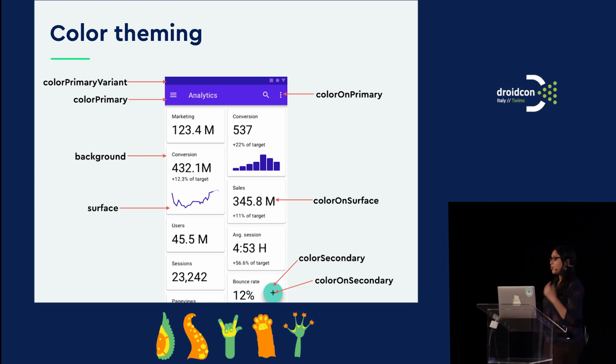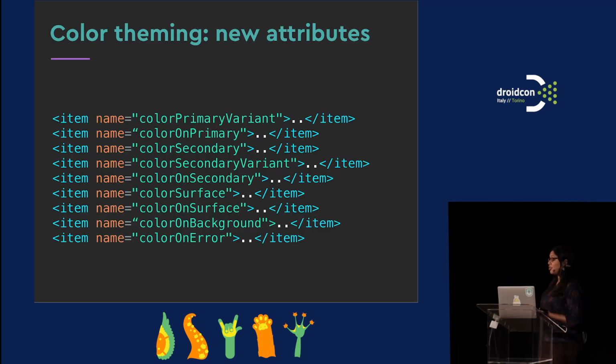And you can see that we now have so much more control over color theming in our app. And this directly maps into attributes that you can use directly, which is awesome. So this wraps up color theming.